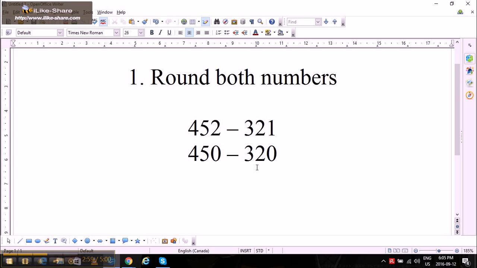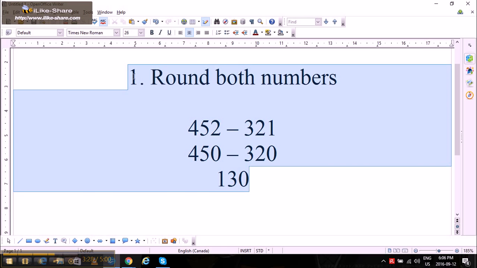Okay, now once again, this is challenging yourself. Okay, let's see here. 450, take away 320. Okay, I know that 0 take away 0 is 0. My 5 take away 2 is 3, and 4 take away 3 is 1. This is a more accurate number. Okay, but once again, this is if you want to challenge yourself.